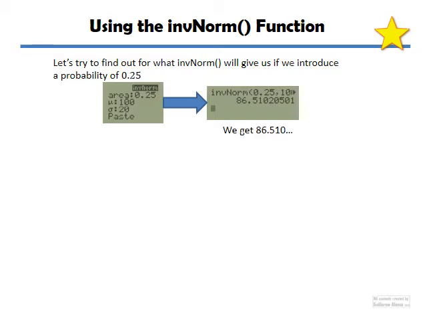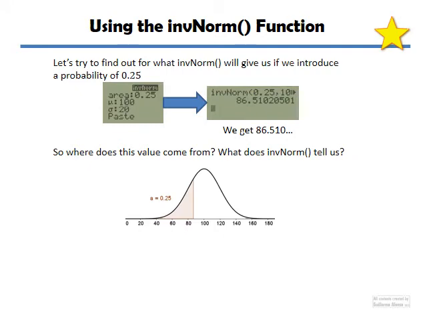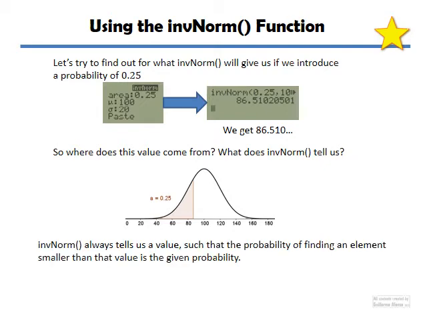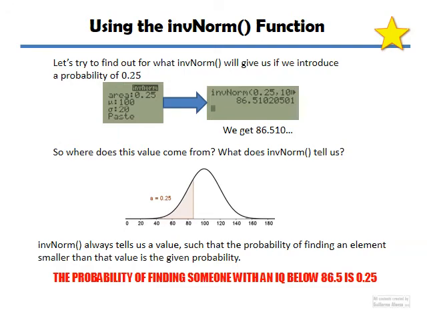And actually, what this is telling us is this value here. When I use the invNorm function, it systematically tells me the value below which the probability of finding an element is given. The probability of finding something smaller than 86.51 is 0.25. That's systematically what the invNorm function is going to be giving us.